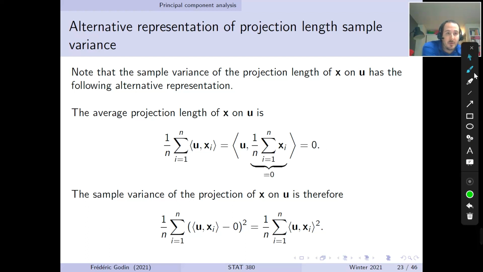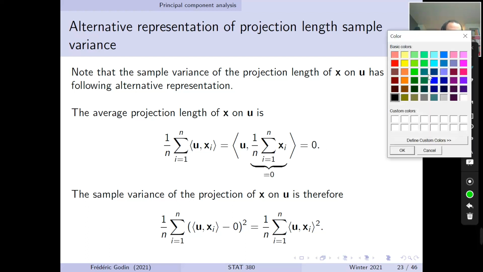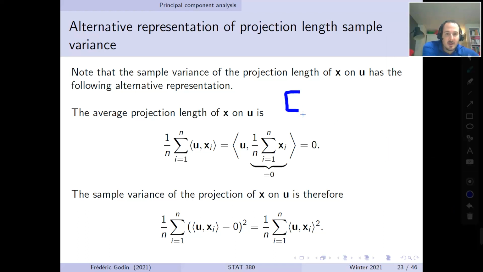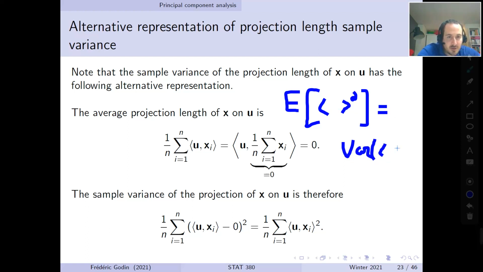Recall that what we said earlier is we're going to maximize the expected projection length squared. But the expected projection length squared is equal to the variance of the projection plus the expected projection squared. As we've shown here, this expected projection is 0, and by expected I mean sample expectation, in the sense that it's the average.